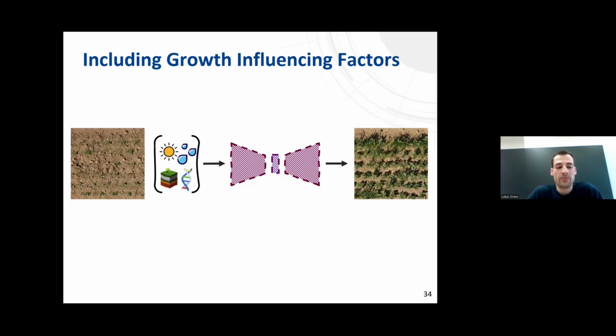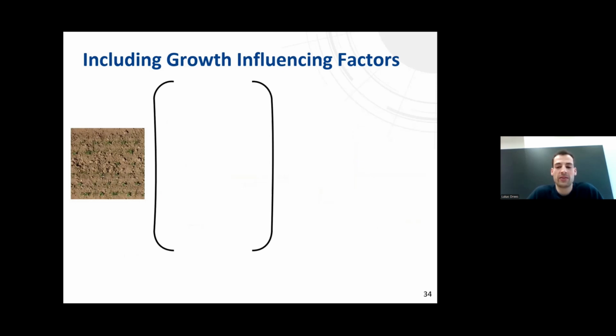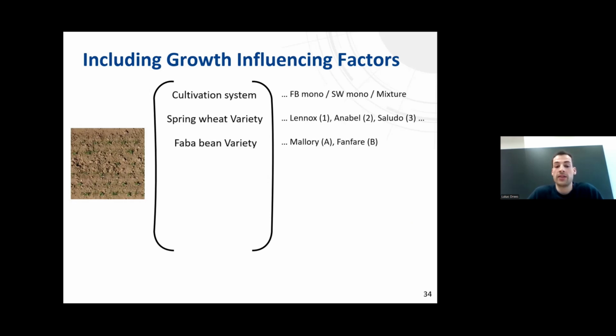So in our paper, we focus on the main factors that we have considered in our field experiment at CKA and Wiesengut, which are the cultivation system, the spring wheat and the fava bean variety, and also the seeding density.